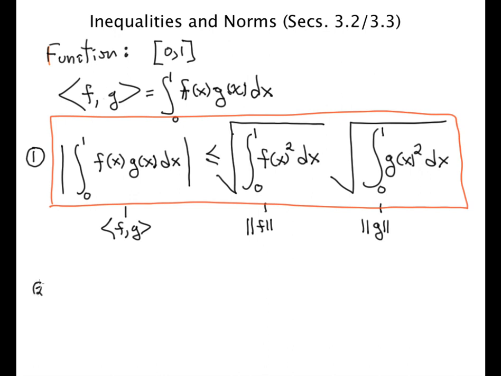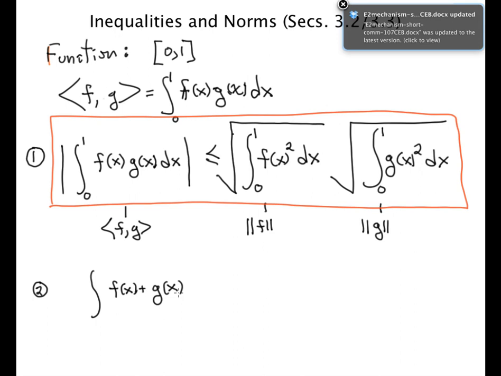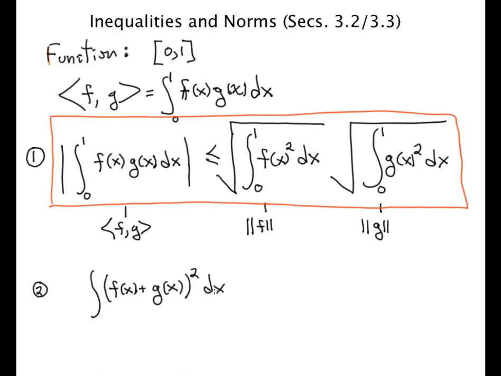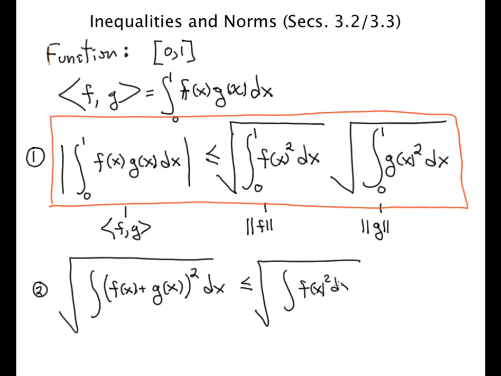And the triangle inequality becomes something rather non-trivial, which is that if you take the integral of f of x plus g of x, quantity squared, and the square root of that is less than or equal to the square root of the integral of f of x squared plus the square root of the integral of g of x squared.